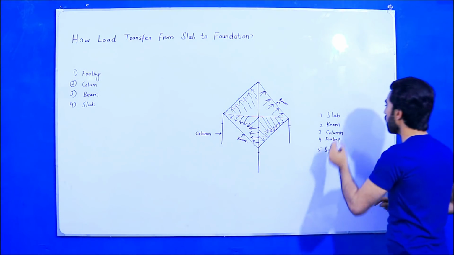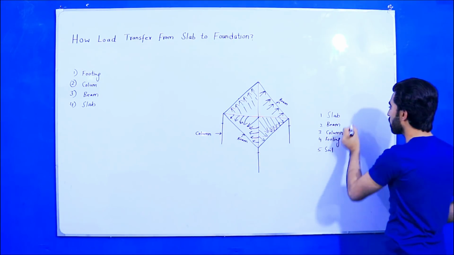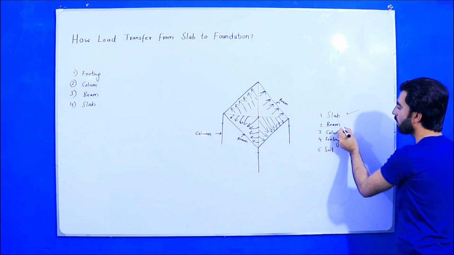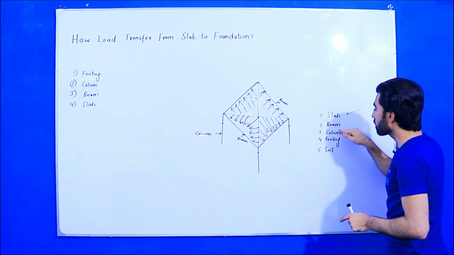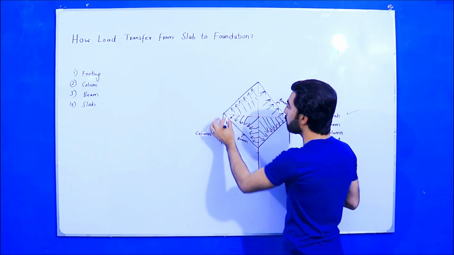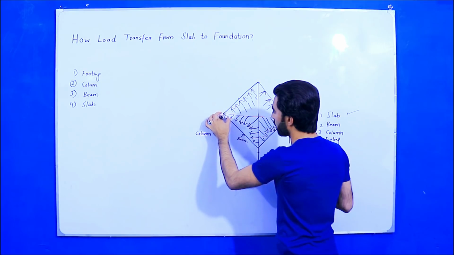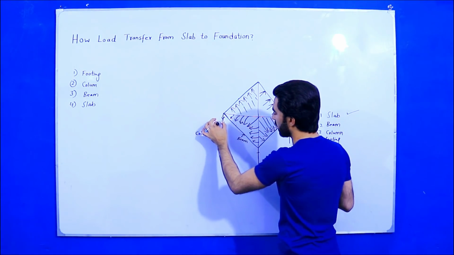So first of all, the slab distributes the load and transfers it to the beam. What is a beam? This is the beam. Then the beam transfers this load to here, as you can see, like this.